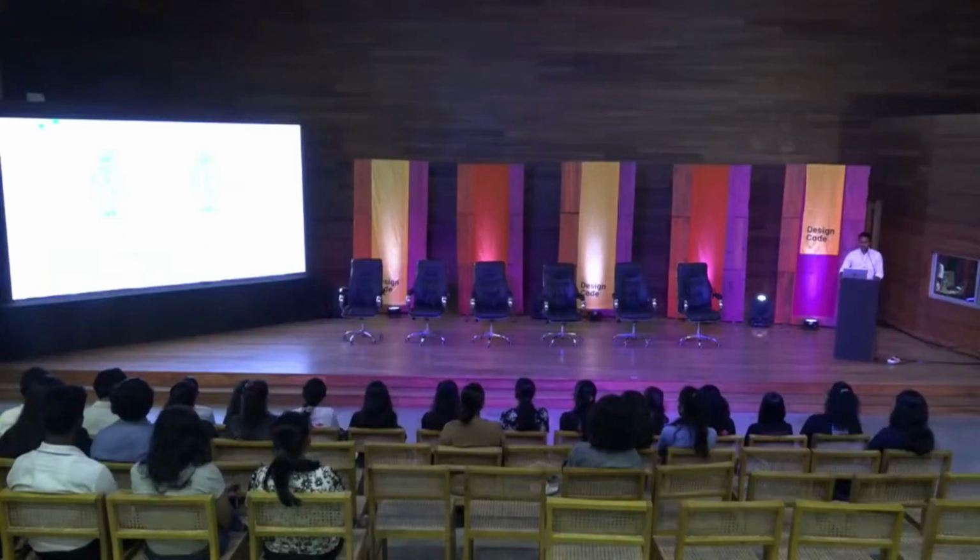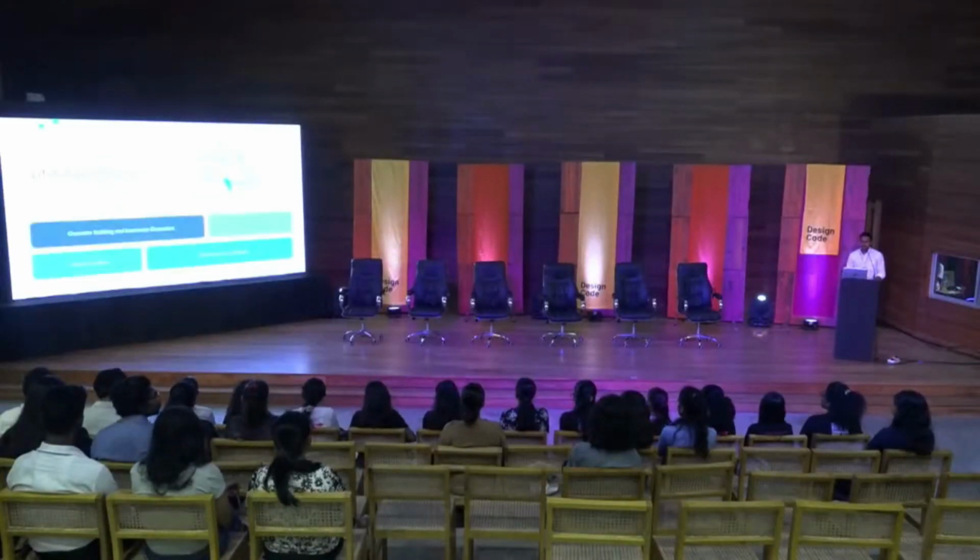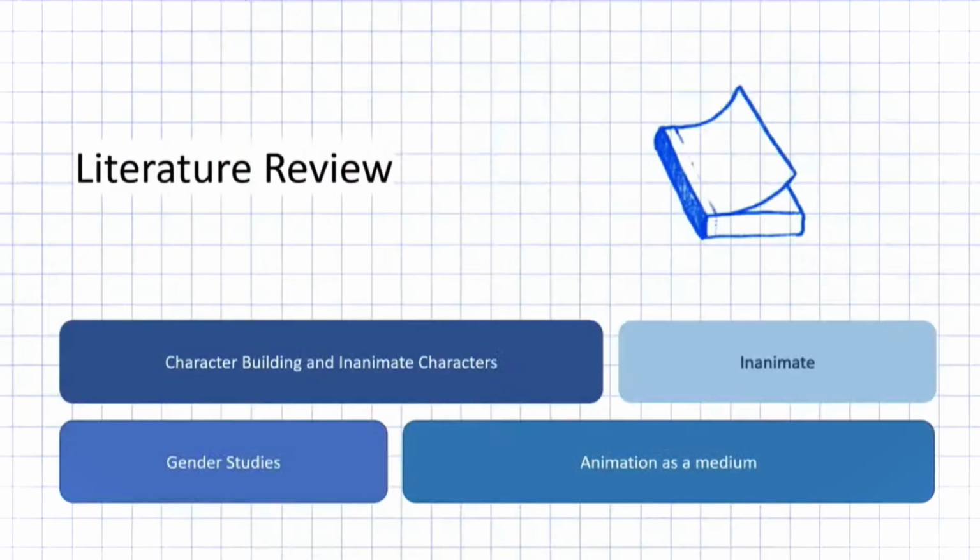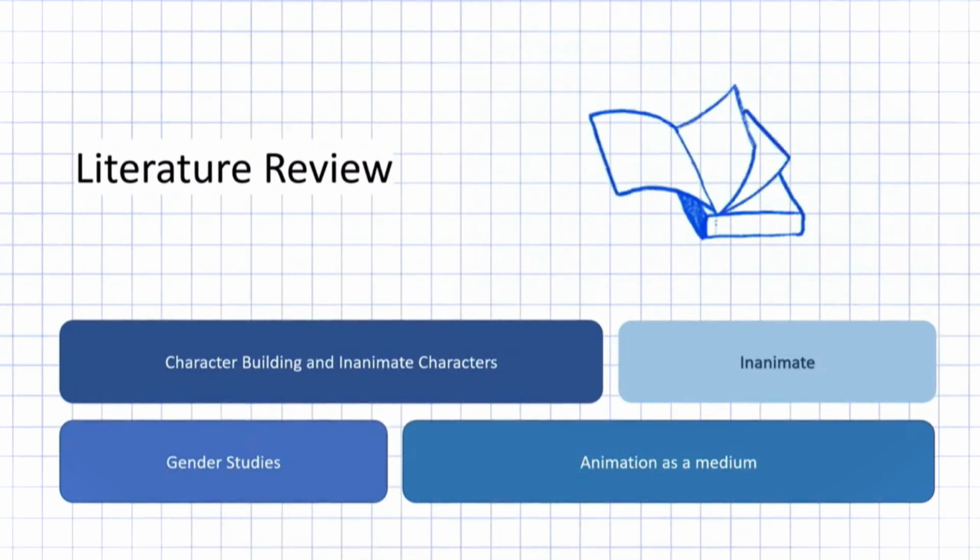So I had to do my literature review, and I focused on character building and inanimate characters, and about gender studies, and especially animation as a medium because of the message that it can contain.